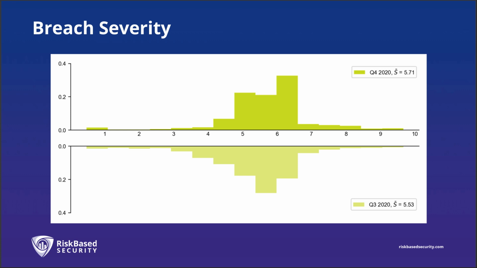Q3 average severity score was 5.56 when we did our Q3 report. It actually came down to 5.53, the only quarter so far this year that's come down. So that's a good sign. But then again, the Q4 average severity came in at 5.71, the highest average severity that we've seen all year. So breaches, even though there are some caveats around that total number of records exposed, there were some monster breaches in there that accounted for some of that.